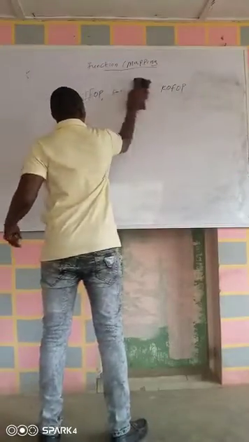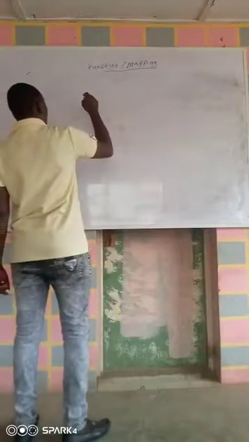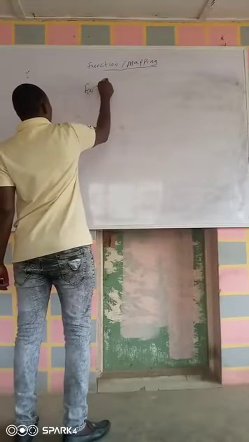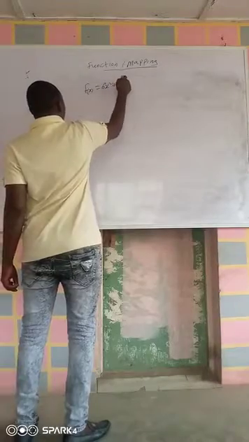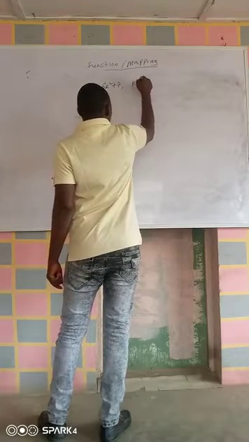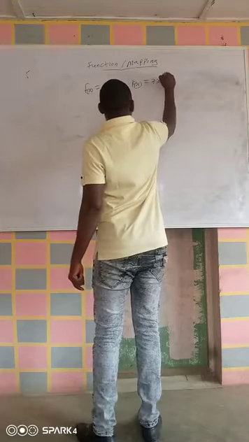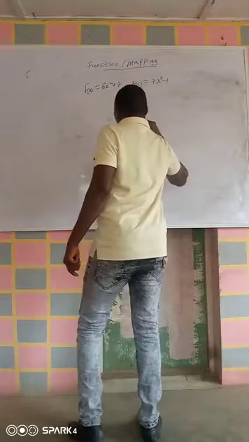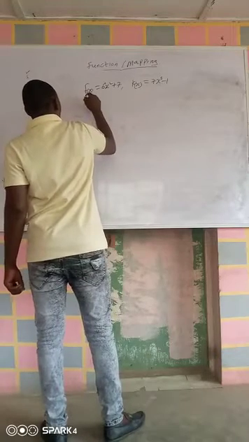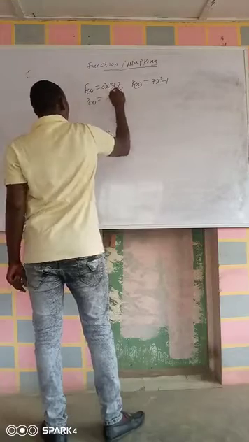For example, after substituting, you have to simplify. If we have f of s equals 6s squared plus 7, and k of s equals 7s cubed minus 1, we can also have p of s equals s squared.